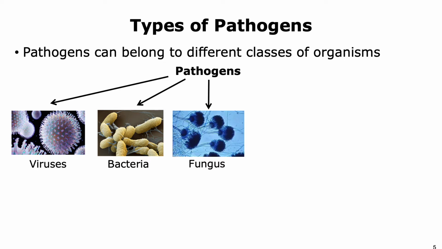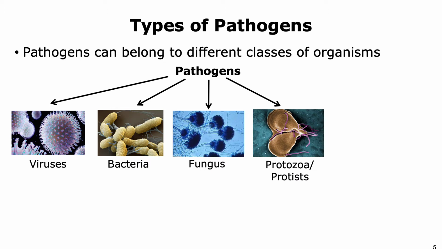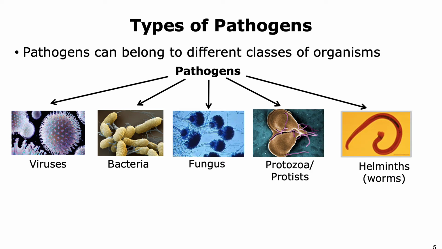Fungi are eukaryotic organisms, and there are some fungi that can also cause infectious diseases. We do have some protozoans and protists that can cause diseases, and hence some of them are also pathogenic in nature. Helminths are basically nematode worms, and they are among the largest pathogens that can cause infectious diseases.